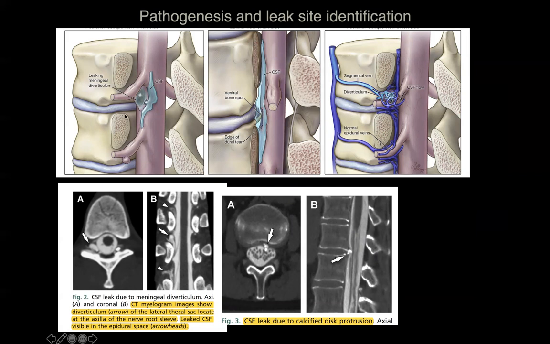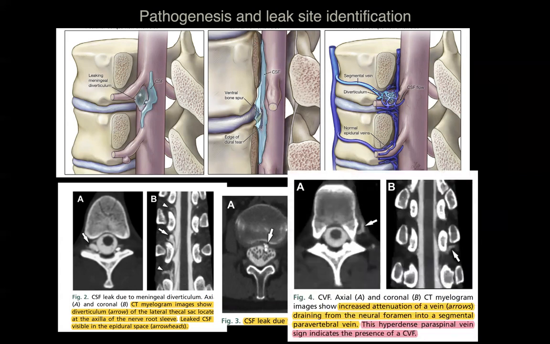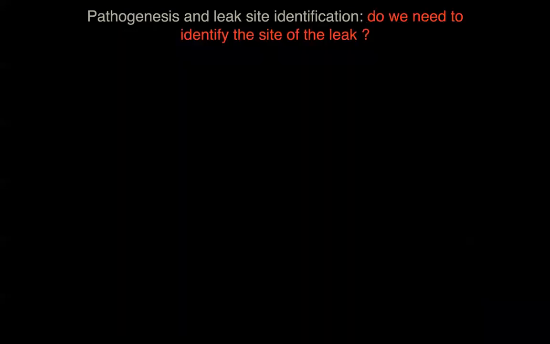Both of them will give you epidural fluid collection on the MRI, but also you can have a so-called CSF venous fistula that is identified only on myelography with the so-called hyperdense paraspinal vein sign. In this case, you will not have epidural fluid because the CSF goes directly into the venous system, but still you will have a CSF leak. Remember, Tarlov cyst is never associated with that.